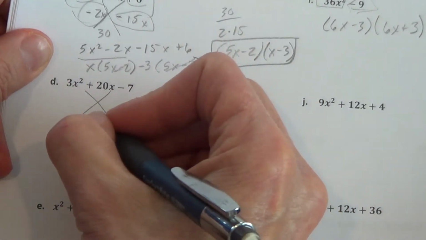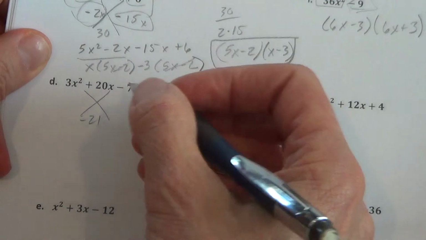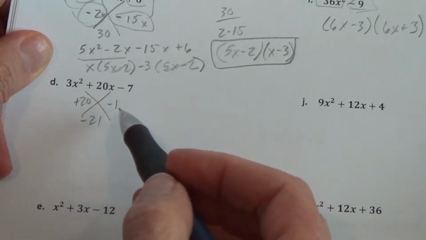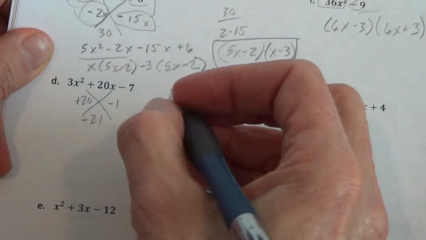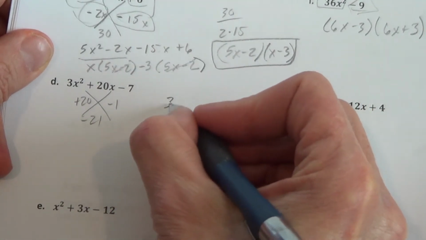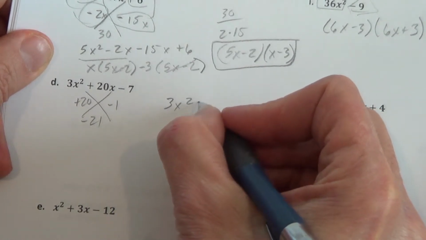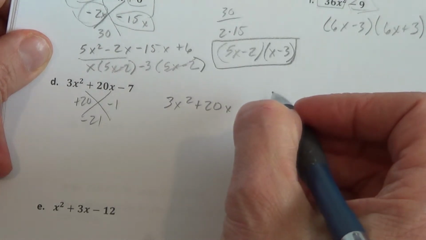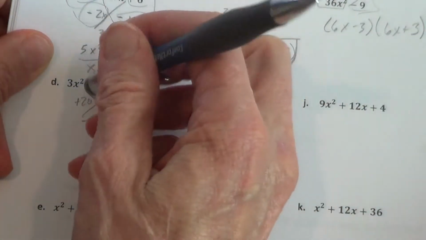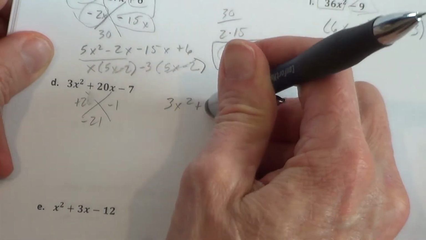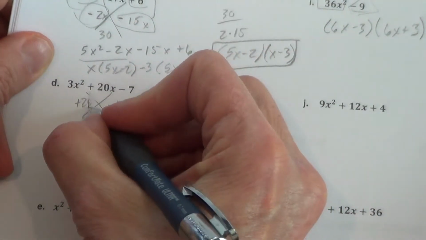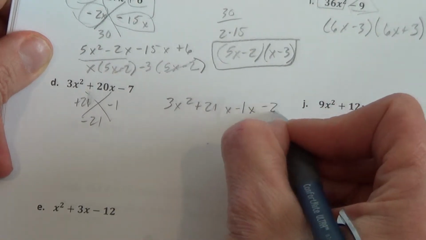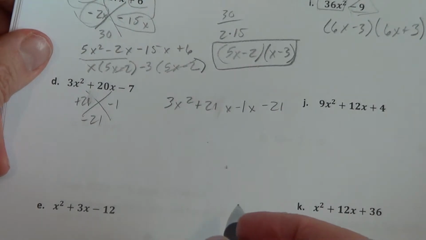We have a negative 21. What would it add to be 20? It would be positive 21 and negative 1. This time we have factors with the opposite sign, so you really are subtracting. So we have 3x squared plus 21x, I'm sorry, it's got to multiply to be 21, plus 21x minus 1x minus 7.